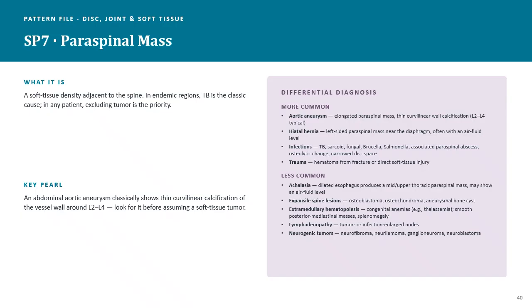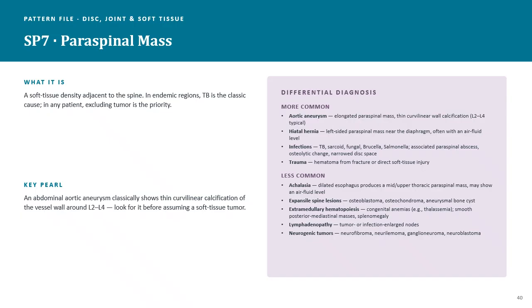On an X-ray, we might see a thin curved line of calcium outlining that enlarged vessel. It's usually somewhere around L2 through L4. This is an important finding because what appears as a mass beside the lumbar spine can actually be an enlarged aorta.